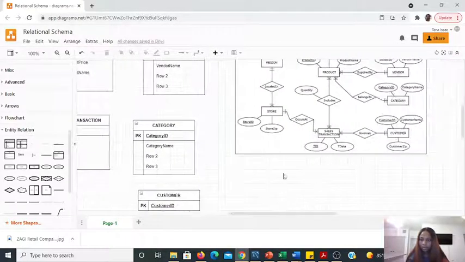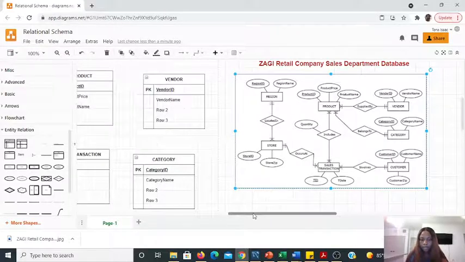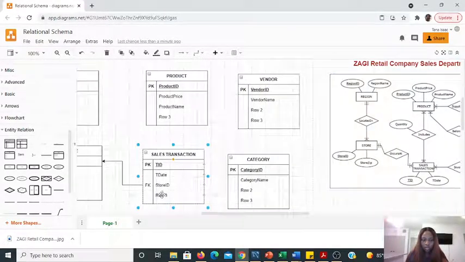Okay. Then the next one is the many-to-one relationship between sales transaction and customer. Many sales transactions can involve one customer, or one customer can be involved in many sales transactions. And the foreign key in this case would be customer ID. Remember, because the many is facing the entity, our foreign key is going to be customer ID on the sales transaction.